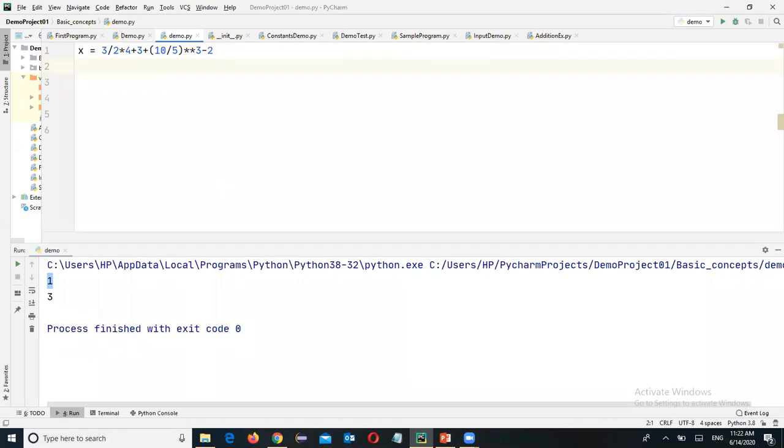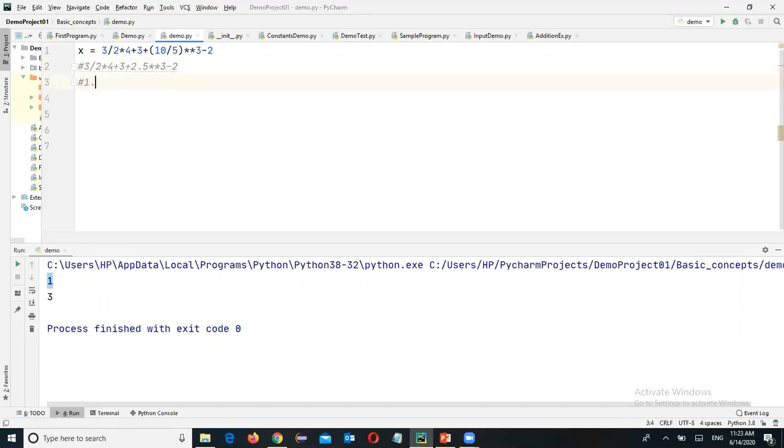Now I have an expression like this. What will the output be? 3 by 2 gives 1.5, then multiplied by 4 plus 3, and 10 by 2 gives a float value, 5.0... 3 minus 2.5 is 0.5... the bracket gets the priority.